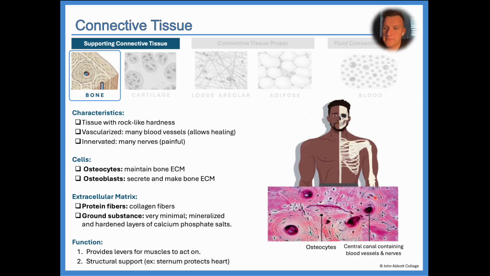And if you look at bone under a microscope, this is what you would see. You would see these concentric rings with this canal in the middle. This is called the central canal, and it contains a lot of blood vessels and nerves in the bone, right? So if you cut a bone in two, you would see this. It's crazy. It looks like mini tree trunks with concentric circles in it. This is how the bone organizes.